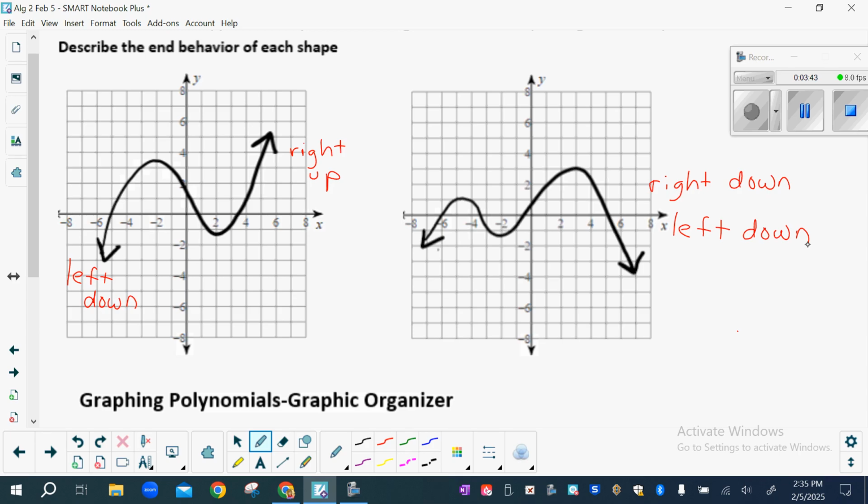Too thick. Look at yours. You got thicker eyebrows than I do. Maybe. No, they're not.